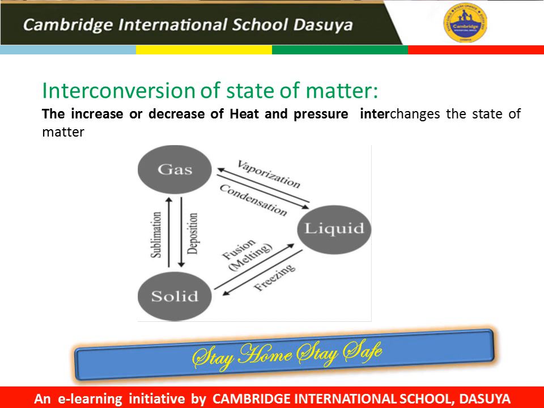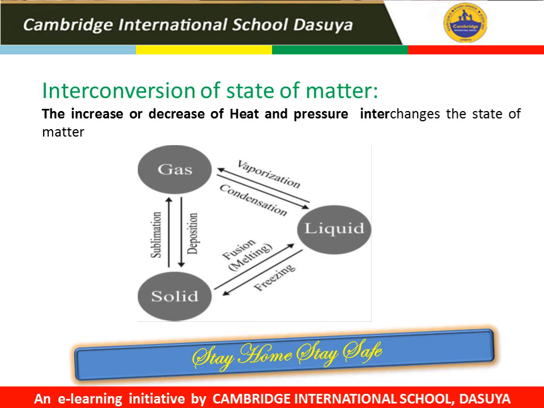Then from solid to liquid, the conversion takes place when heat is supplied, and this process is called melting or fusion. The reverse process, when the heat is removed, is freezing, that is the liquid converts to solid.